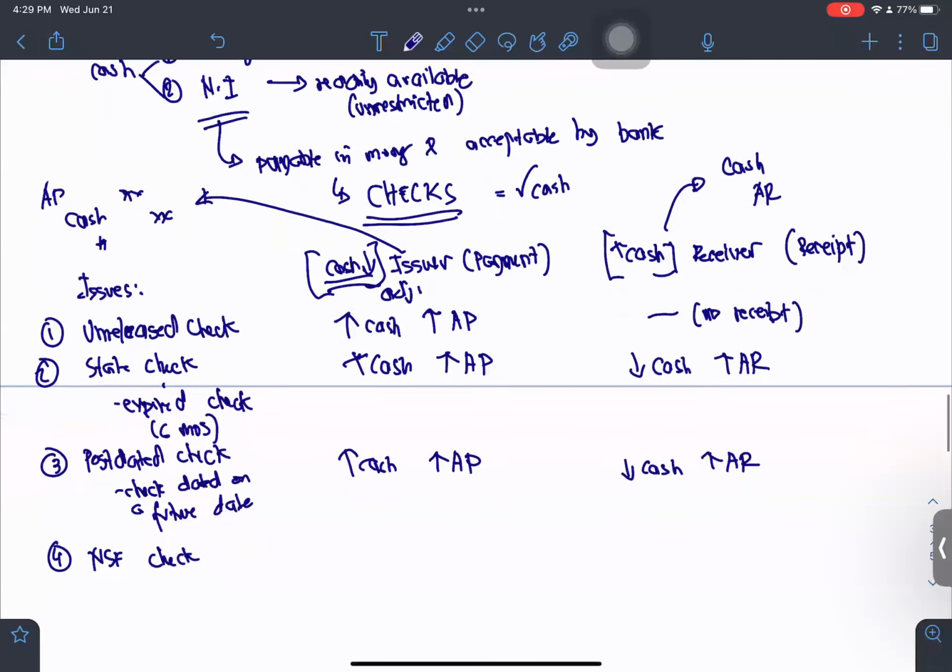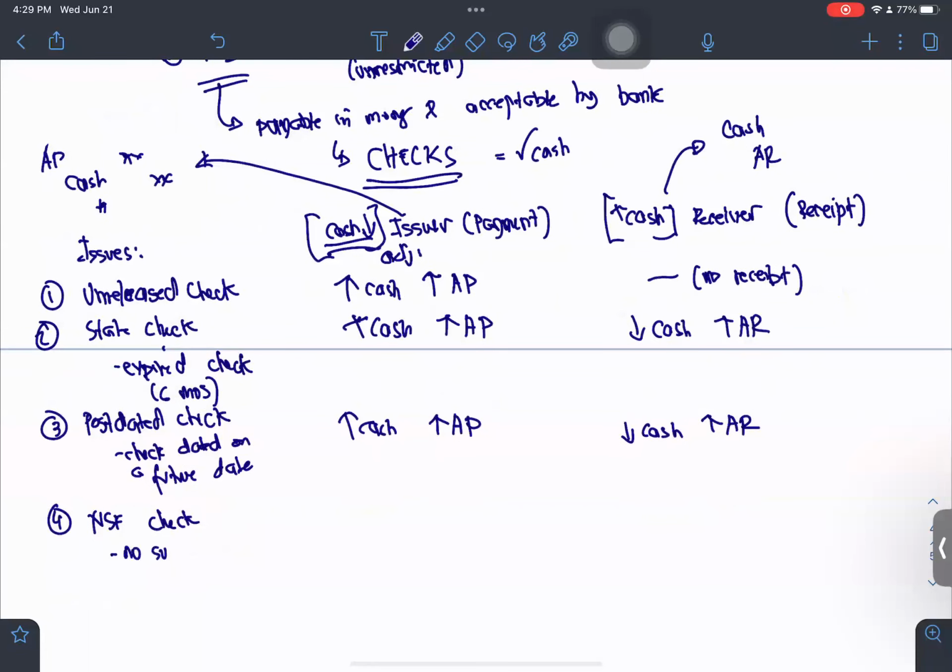And lastly, we have your NSF check. What is an NSF check? Known as your no sufficient fund check, or also known as your drawn against insufficient fund. So if that is an NSF or drawn against insufficient funds, then it is not part of cash.